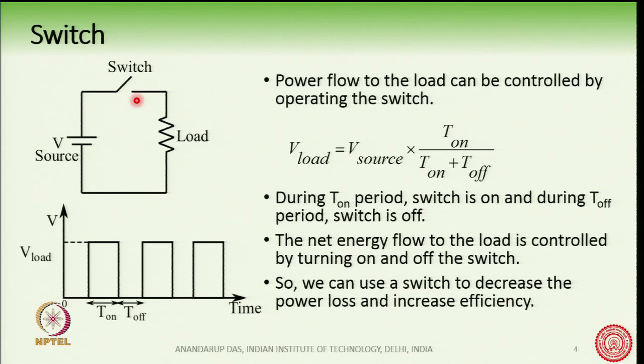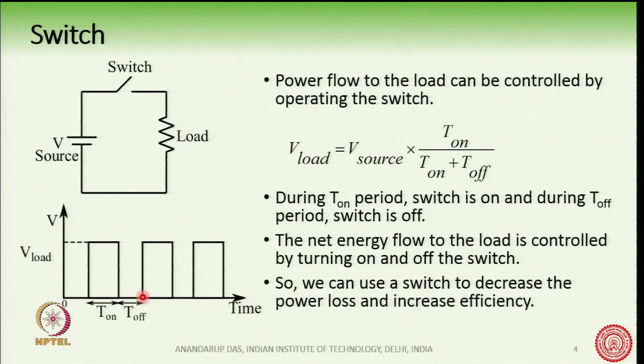If I turn off the switch, no voltage comes across the load. So, the voltage on the load is a series of pulses which is shown in this diagram. When I turn on the switch, that is this T on period, then the load voltage is equal to the source voltage. When I turn off the switch, the load voltage is 0.